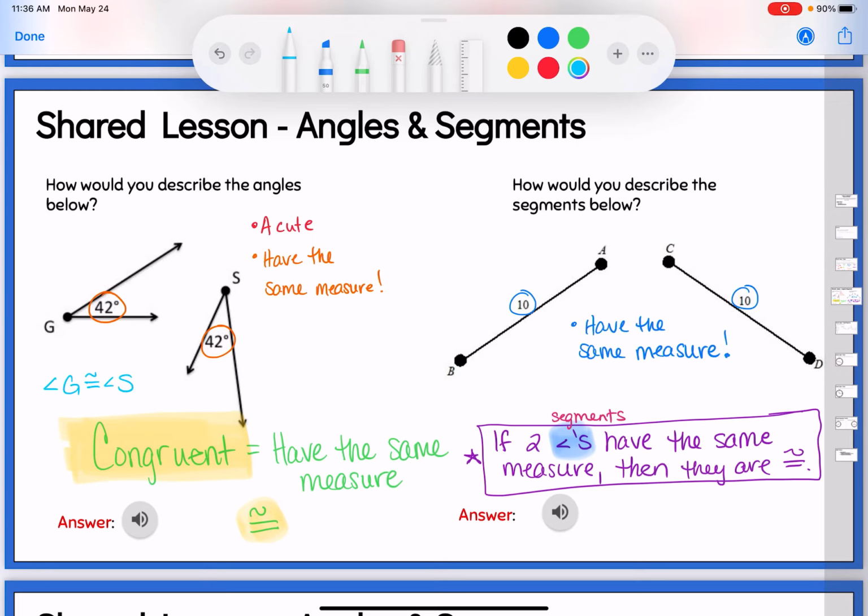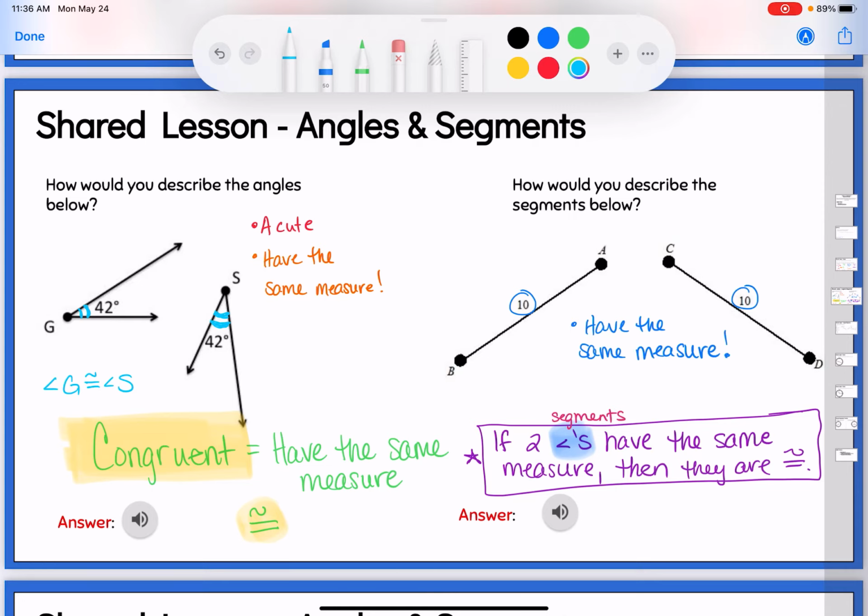And we could mark our picture by putting a little arc in the actual angle part of it. Now, if these two arcs are exactly the same, that means that they are congruent. If I have two arcs in one and only one arc in the other, that means they're not. So I would always want to mark them exactly the same.